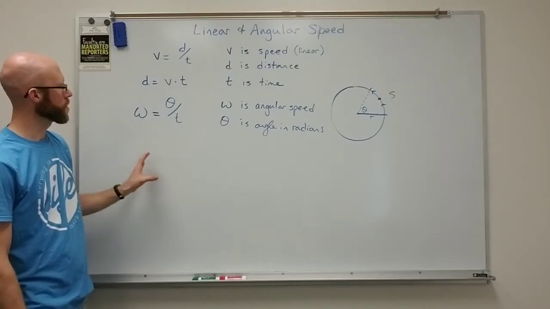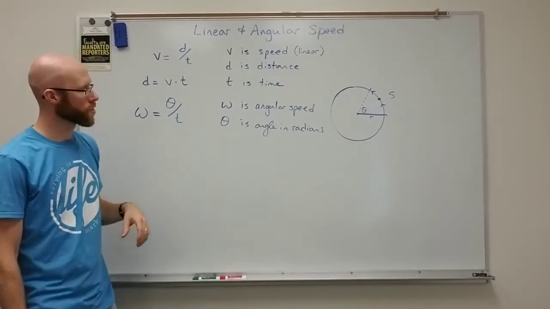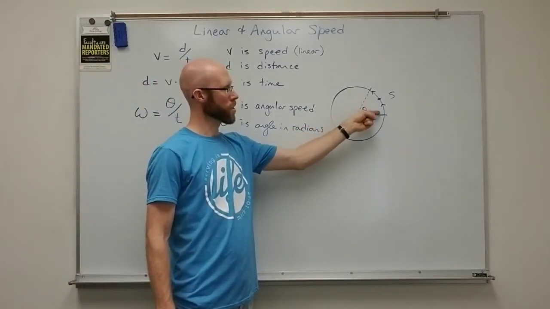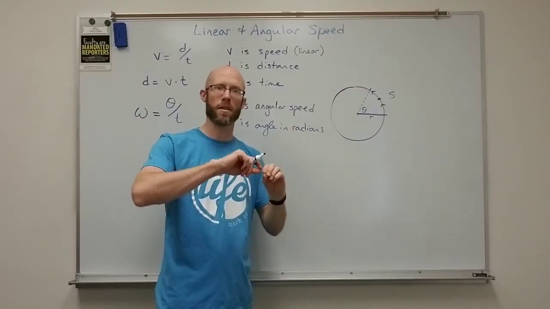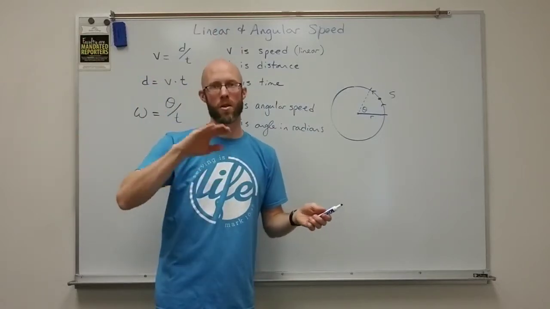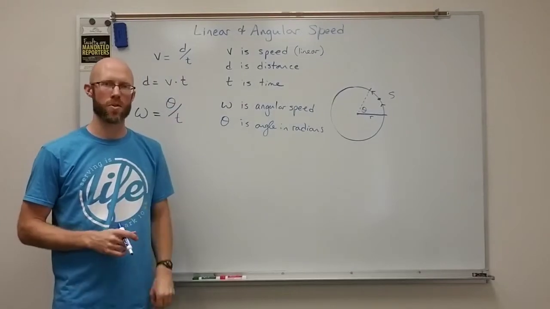So there is an interesting relationship between these two speeds. Obviously, if you're traveling on a circle, you are tracing out a distance, like a linear distance. It's not in a line, but it's a linear distance. Like you could travel a certain number of miles in a circle, or a certain number of feet in a circle. So you still have that speed associated with it.